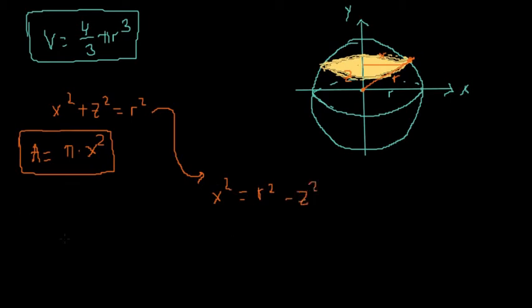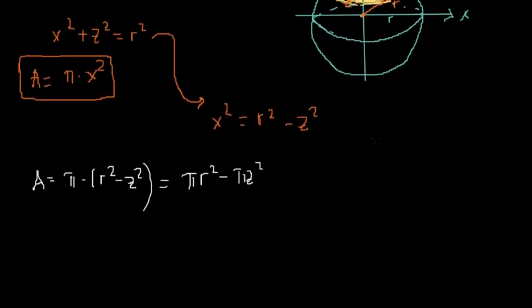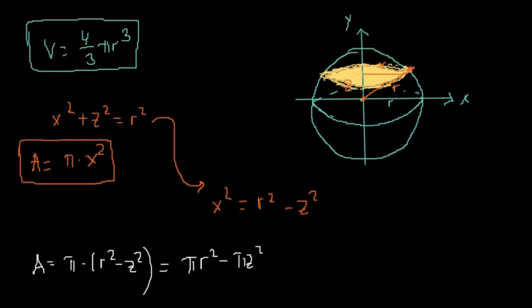And I can plug this one here, so it's going to be A is equal to pi times r squared minus z squared, right? Or it's equal to pi times r squared minus pi times z squared. This is the area of my slice, z value distant from the origin.